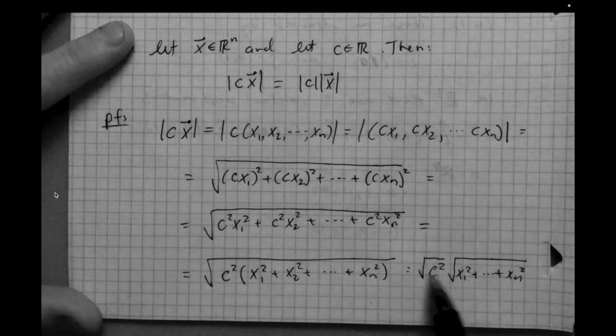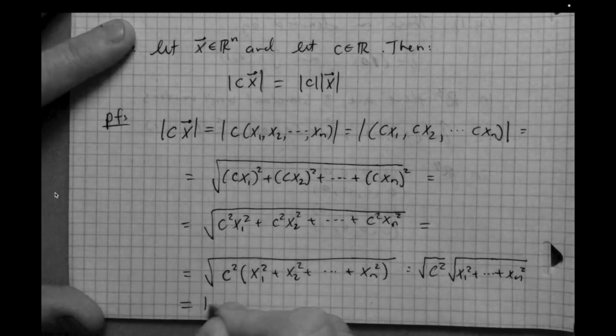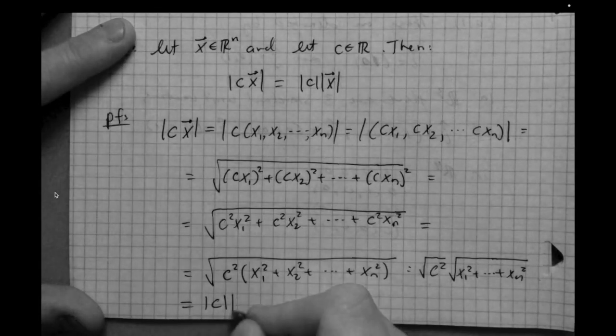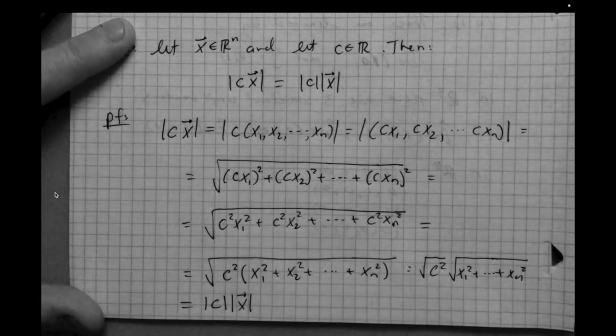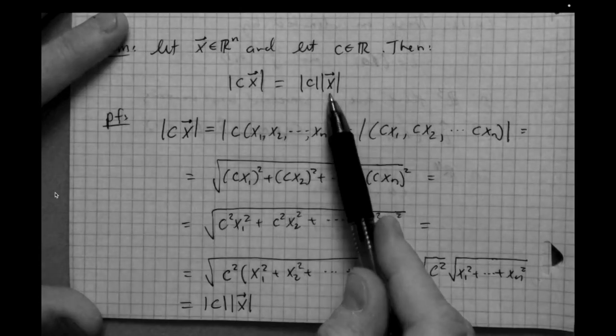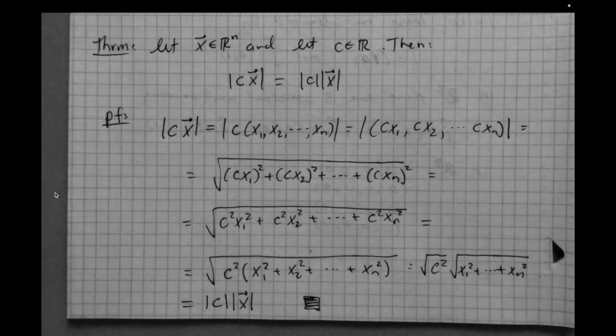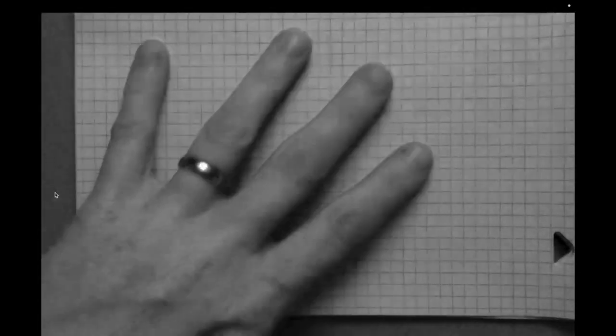So this is equal to the absolute value of c, and this is just the norm of the vector x. And that's exactly what we were trying to get to. So that gets us where we need to go. Okay. Perfect. All right, let's keep moving forward here.